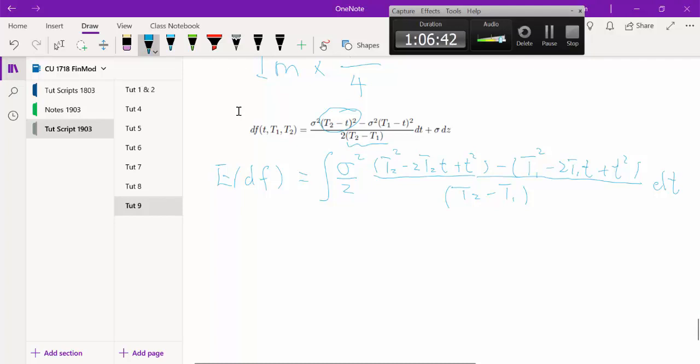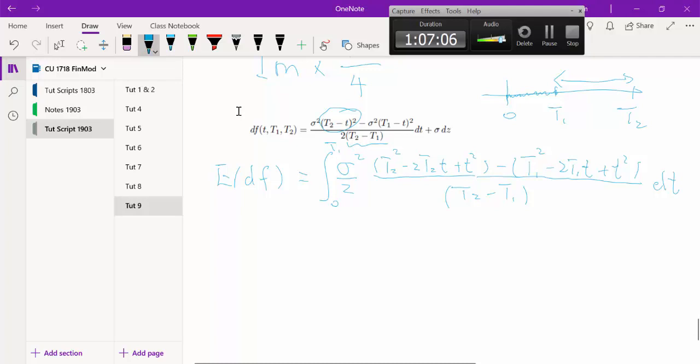And I want to integrate that between 0 and T1, because in the end, what I'm doing is, so the time now is 0, I want to determine how this forward rate increment can change, how this bit here can change from the time here to here.